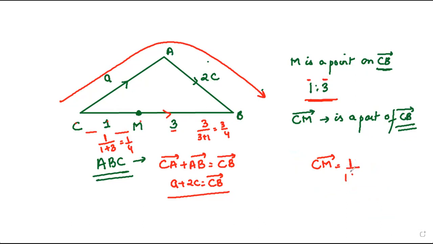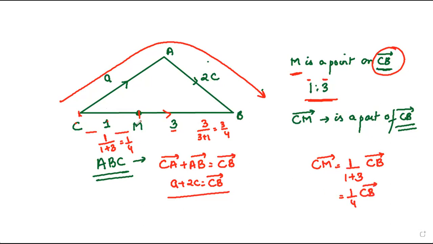So out of 1 plus 3, because C to M is 1. That's important, the bigger side, because M is a point on C to B. So M is a point that is dividing C to B. So C to B is the most important and the bigger side. So CM will be 1 over 1 plus 3 of C to B, which is 1 by 4 C to B.